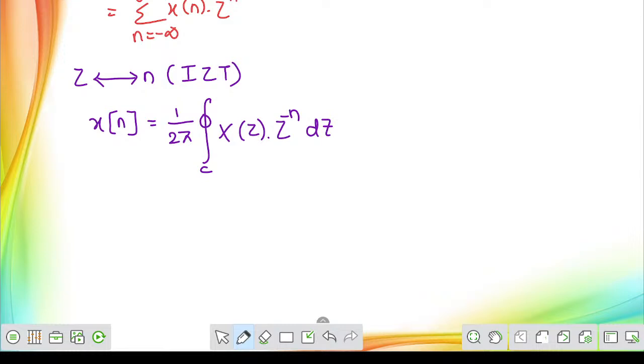One second, there is a small thing. While going in discrete domain, we will have to change this sequence to n minus 1. Yeah. So the formula will become 1 by 2 pi integral of x of z into z power n minus 1 into dz. Actually, in problems while solving, we are not using this formula.